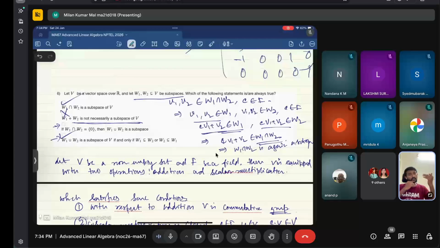Even if W1 intersection W2 is 0, that does not guarantee that W1 will be a subset of W2 or W2 a subset of W1. So this is false. So what we get: W1 intersection W2 is a subspace always. W1 plus W2 is a subspace. W1 minus W2 is not a subspace. W1 union W2 will be a subspace if and only if one of them is a subset of the other. This is what we learned from this question.